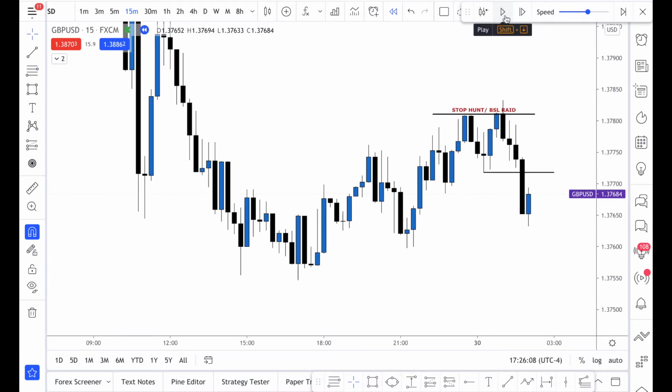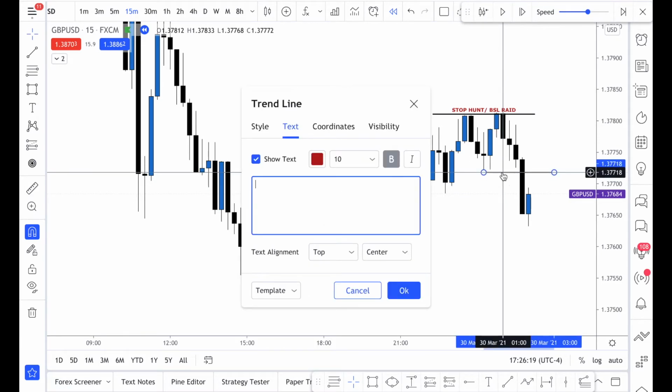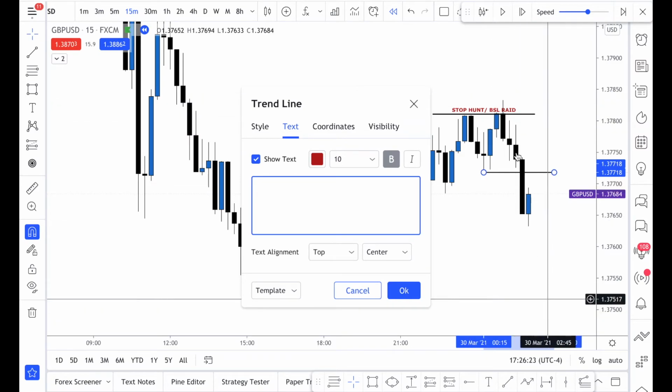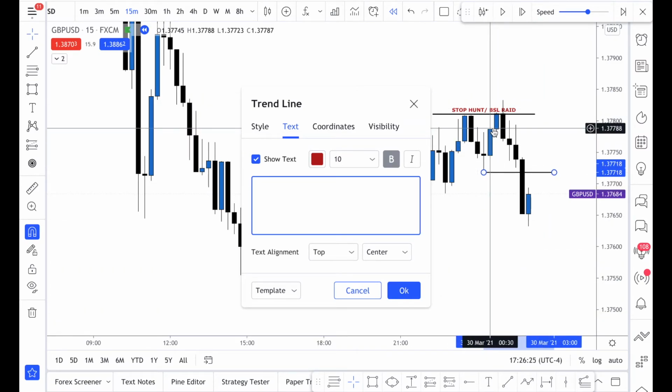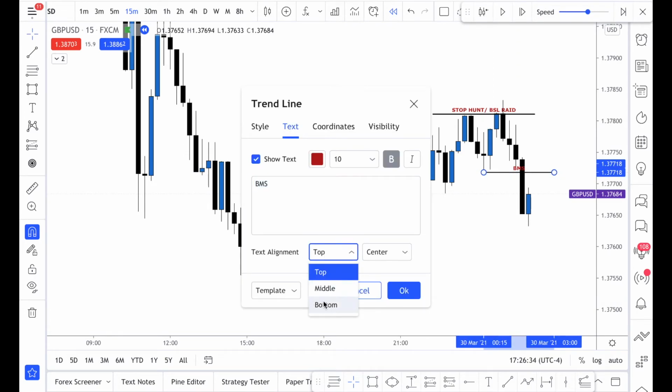So we get that break in structure. So now that we have a break in structure, we can wait for the return to that order block, because the last up candle before the big explosive down move, that is a strong order block, right?